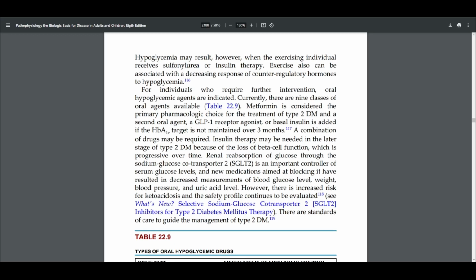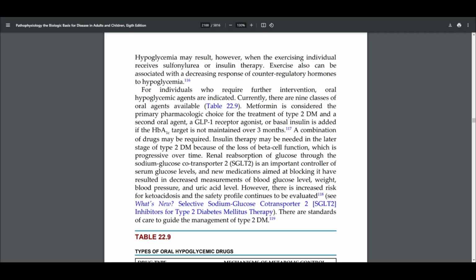Renal reabsorption of glucose through the sodium glucose cotransporter 2 is an important controller of serum glucose levels, and new medications aimed at blocking it have resulted in decreased measurements of blood glucose levels, weight, blood pressure, and uric acid level. However, there is an increased risk for ketoacidosis, and the safety profile continues to be evaluated.